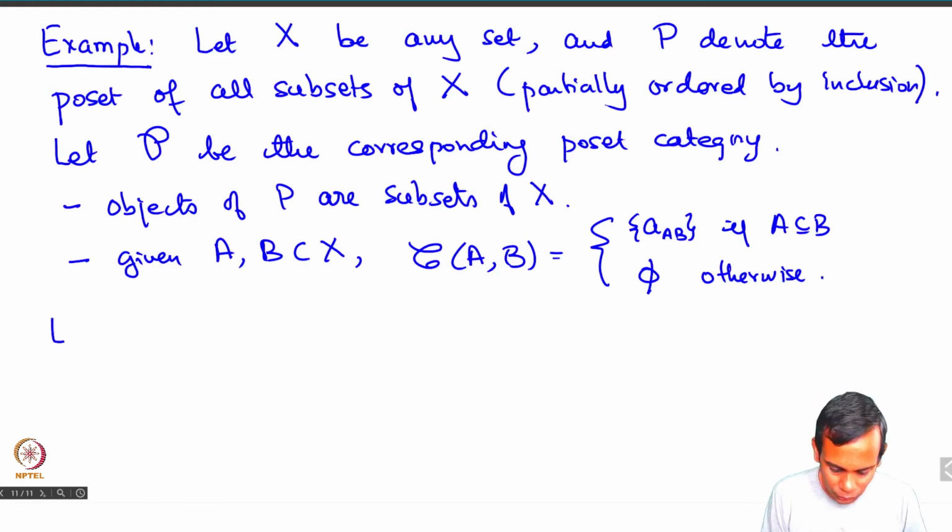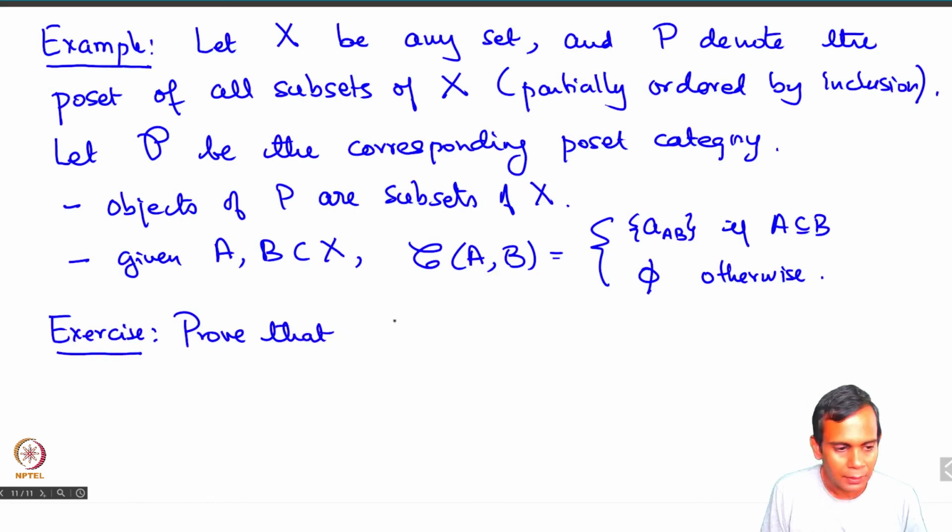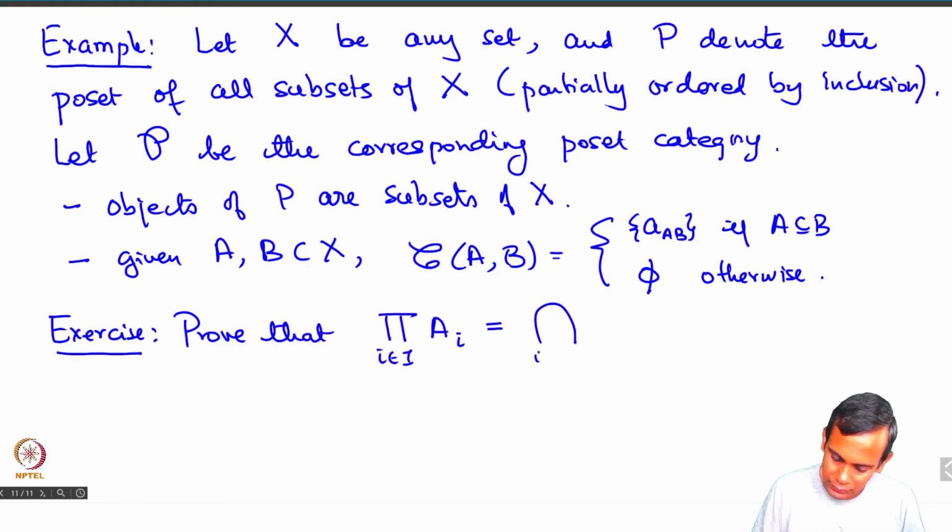And here's an exercise for you. Prove that in this category the product over i in I of Ai is just the intersection over i in I of Ai, and the coproduct over i in I of Ai is just the union over i in I of Ai.